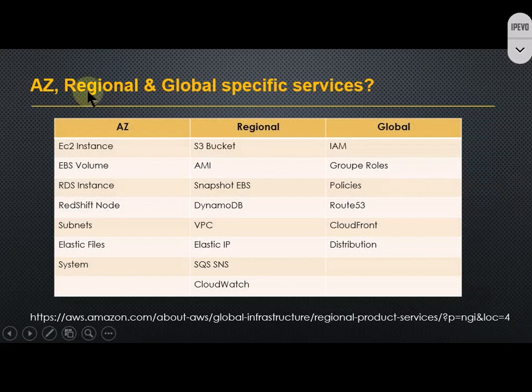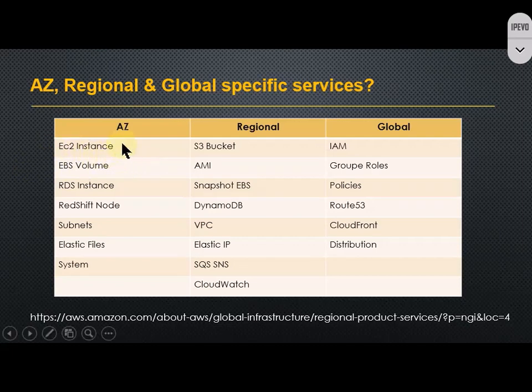Okay, so AZ, regional and global specific services. If you are already familiar with the AWS services, then this is good enough. Otherwise, we are going to cover these services in detail in our subsequent sessions.